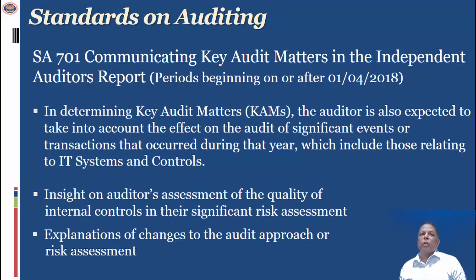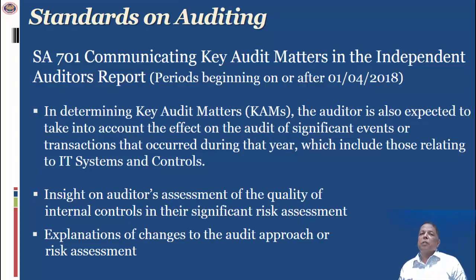The auditor is expected to take into account the effect on the audit of significant events or transactions that occurred during the year, which includes those relating to IT systems and controls. So you see, there could be a key audit matter if something significant has happened which has impacted the audit from an IT perspective. Plus, there is a requirement to have insights into the auditor's assessment of the quality of internal controls and their significant risk assessment.